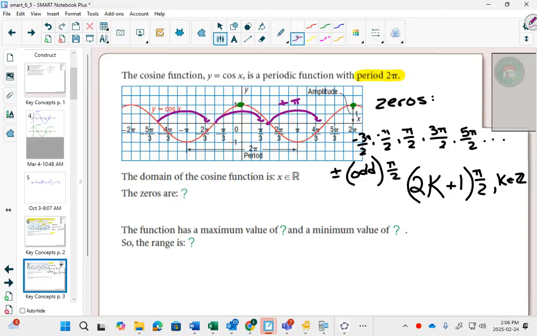So you could either write it this way, if this makes sense to you, odd number times pi over 2, or you can say, I'll start with pi over 2, and then if I make hops of pi, as many as I want, either positive or negative, that will also list all the zeros of cosine. So again, it comes down to which makes more sense for you.